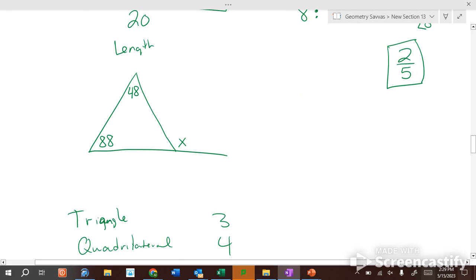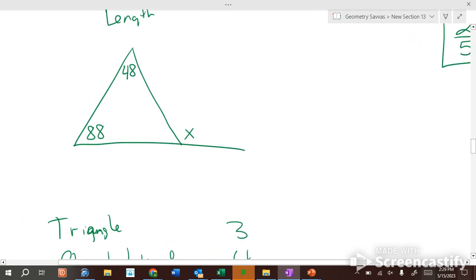How big is x? How'd you figure that out?